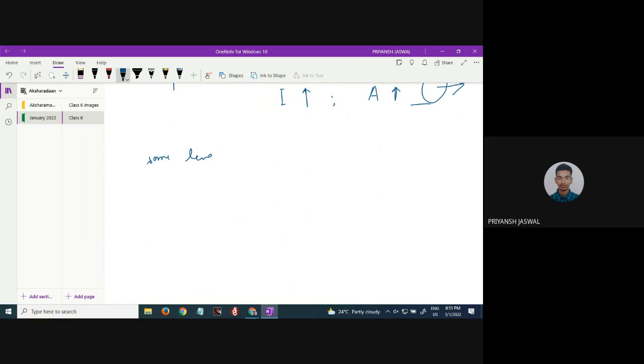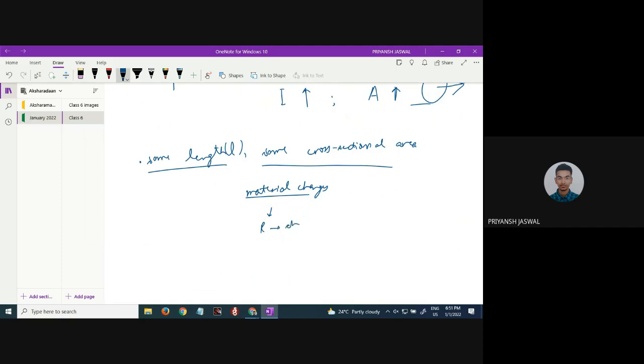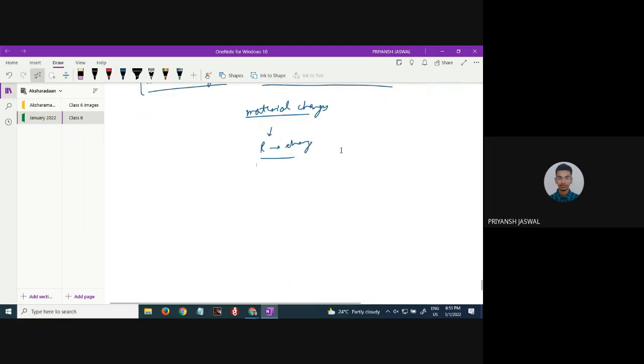For the same length L and the same cross-sectional area, if the material also changes, then the resistance will also change. This is another point. We are still not concluding the things. That is, different materials have different resistance.